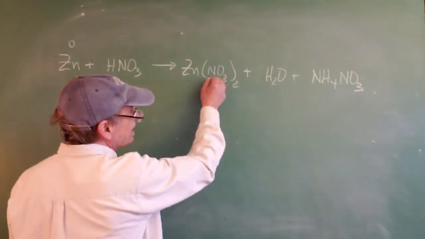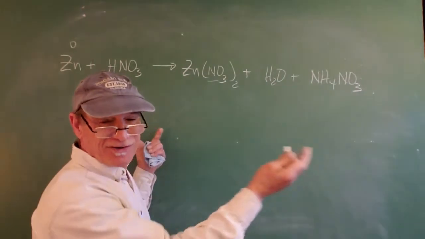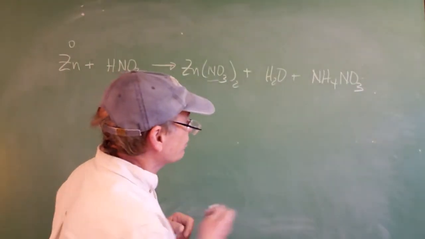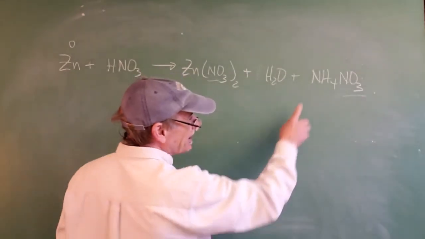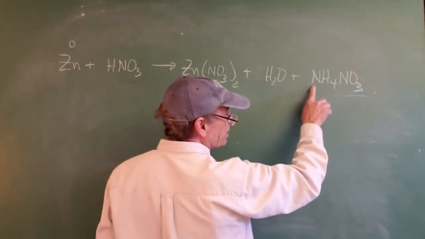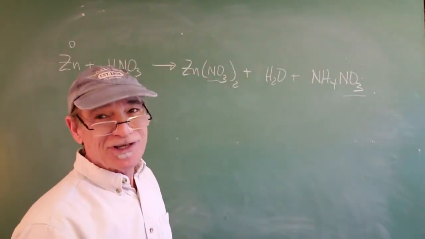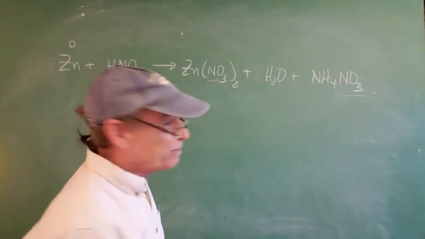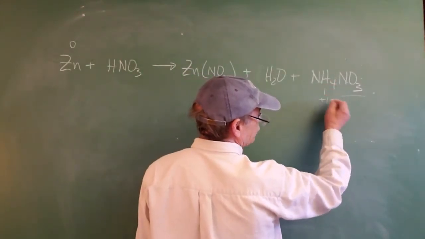So that means these nitrate groups are of no consequence because nitrates are nitrates, they didn't change. And as a matter of fact, there's a nitrate down here. However, there is a nitrogen right here in the ammonium that, remember, is not a +5. Like I just mentioned, it's a -3 because of the 4 hydrogens being +1 each.